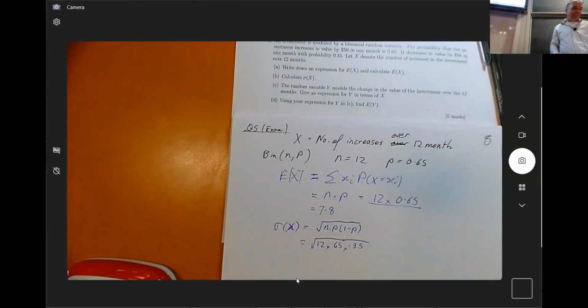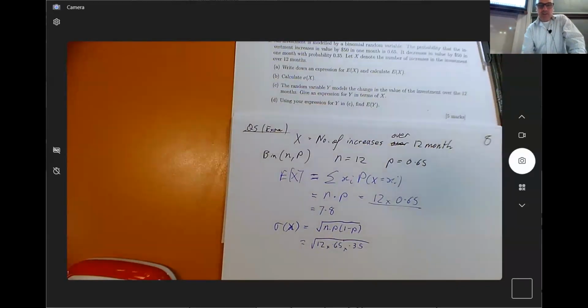So we've got our formula. Again, I'm not even going to try and work that out. The first thing I'm going to do is 12 times 0.65 times 0.35. That's the bit under the square root, and then I'm going to take the square root of that number.